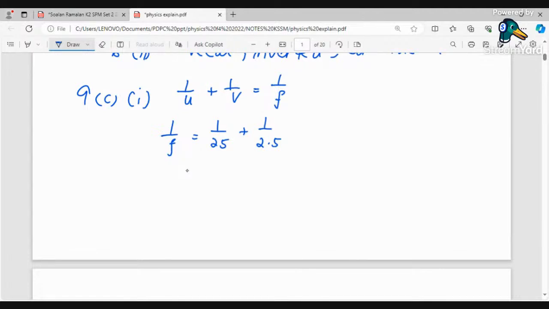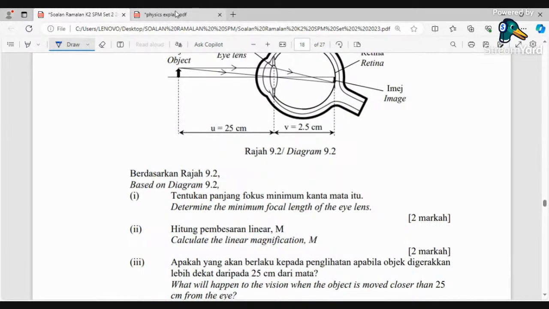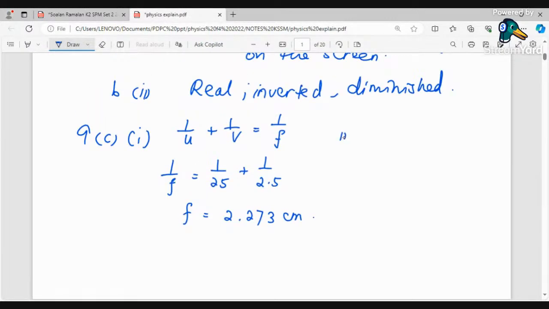So you will get f = 2.273 cm. This is for C1. For C2, calculate the linear magnification. The formula: linear magnification M = v/u. The v from before is 2.5, u is 25. So you get M = 0.1. This is smaller, right?